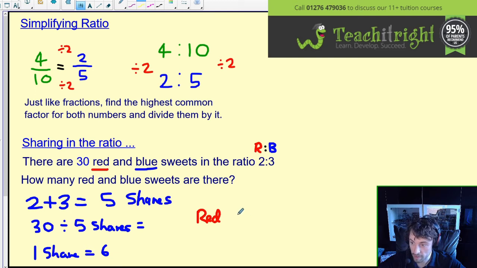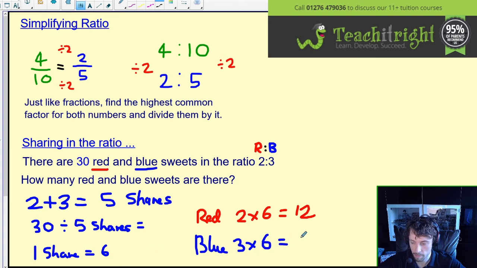So red are going to receive 2 times 6, because it's 2 lots of 6, and that's going to equal 12. For blue, I'm going to have 3 shares, and each share is worth 6, so I'm going to have 3 times 6, which gives me 18.